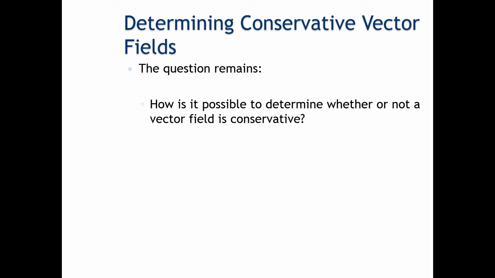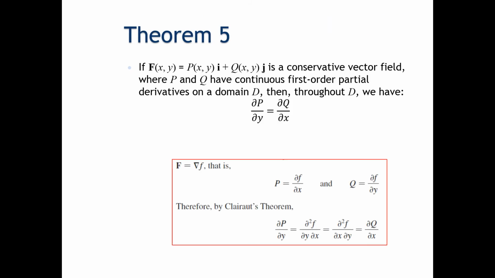Okay. Now we are talking about conservative vector fields again and again. But the question here is, how is it possible to determine whether or not a vector field is conservative? So this theorem gives us the answer.